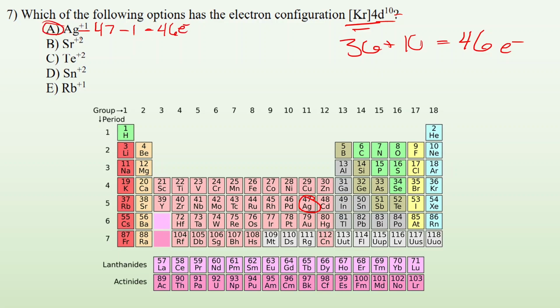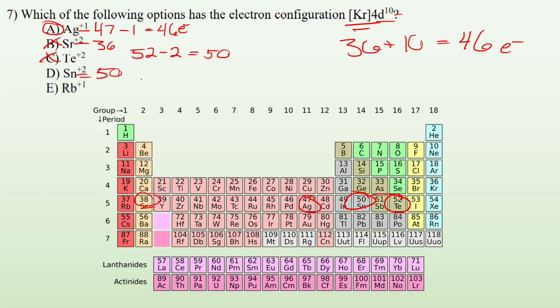A is looking pretty good, but let's check the rest. Strontium has 38. Plus 2 means it lost 2, so it only has 36 electrons. That's not going to be it. Te 2+, let's see how quickly I can find Te. It has 52, but that plus 2 tells me it lost 2, so it has 50. That's not going to be an option. Tin, Sn 2+, where is tin? Right there, it has 50.